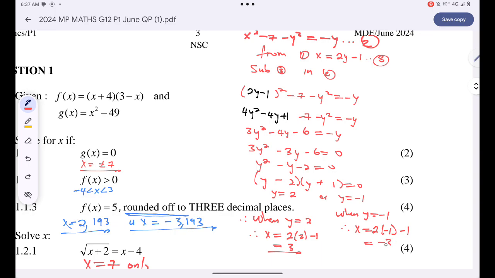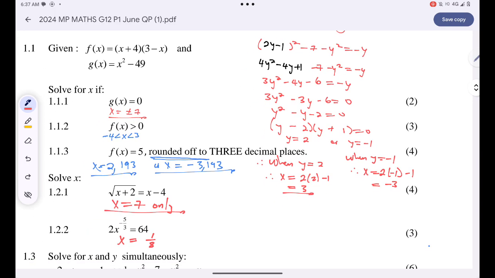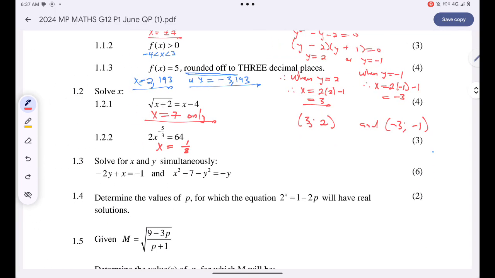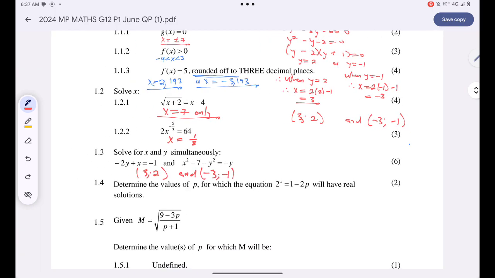This is just negative 3. I know that x will be 3 if its corresponding y value is 2, and x will be negative 3 if the corresponding y value is negative 1. That's how, guys, we're supposed to solve that simultaneous equation. The roots are here. I have 3 and 2, and I also have negative 3 and negative 1.